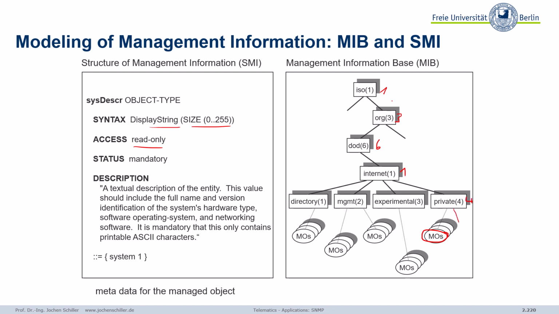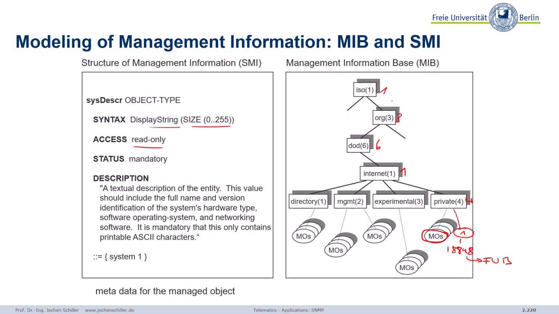We have here 1 dot, and here we have all the organizations, and then we have the 18,898, and this is then the identifier, and attached here is then Freie Universität in Berlin. So that is, for example, an absolutely unique identification of this managed object. This would be a typical example for something that is read-only. You cannot change it. So that's the idea.